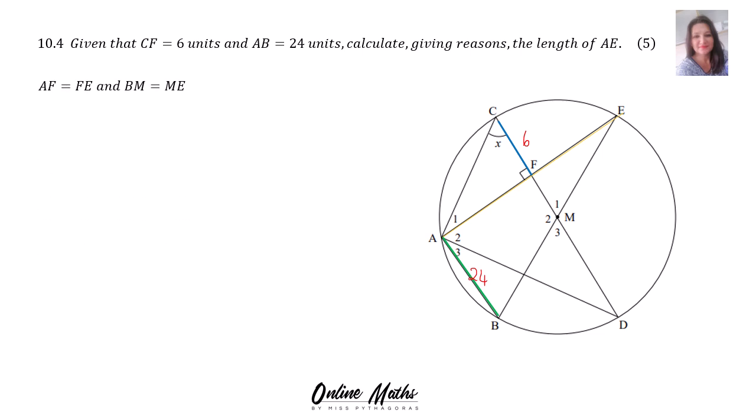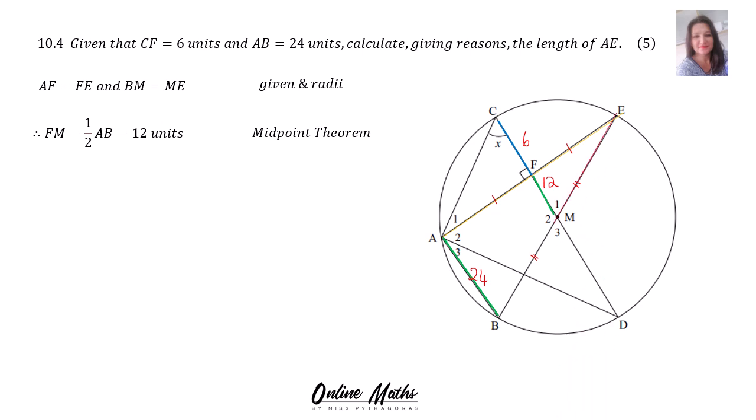So we start by saying that AF equals FE and BM equals ME, and that we worked out in the previous sum, and both are radii. Then we can say that FM is half of AB, and AB is 24, so FM is 12, and the reason for that is the midpoint theorem from grade 12.